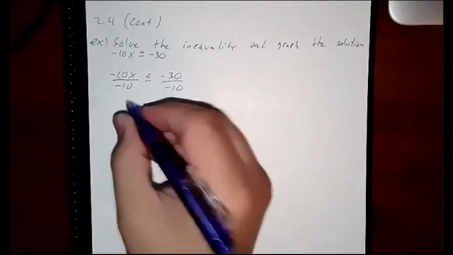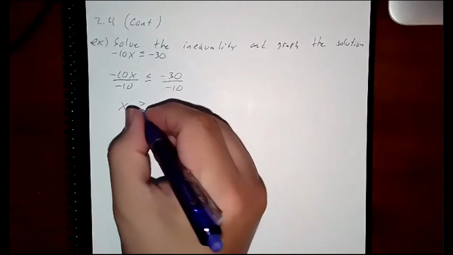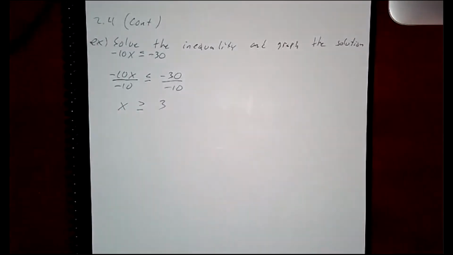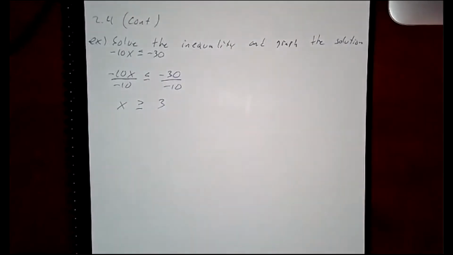When I do that, I need to flip the inequality symbol to the opposite direction. So solving these types is all the same as solving for x in an equation. This is the only new, or different, thing.